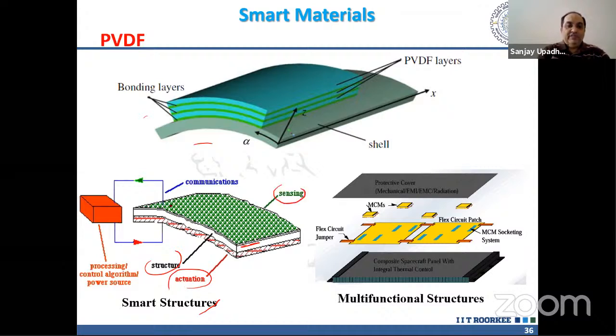So it will sense, actuate, and this is the processing unit, we can say the data acquisition system. This is known as a smart structure. This may be a piezo layer or PVDF layer. Any smart materials you can utilize as per your requirement, as per your application.